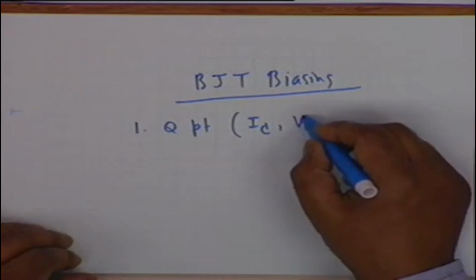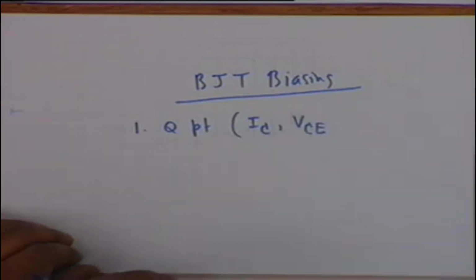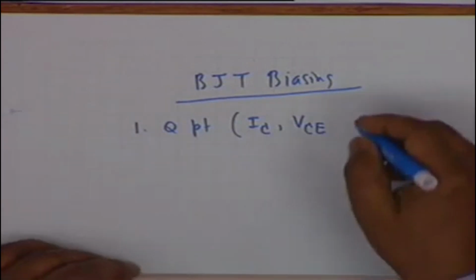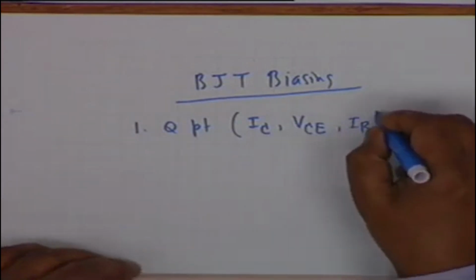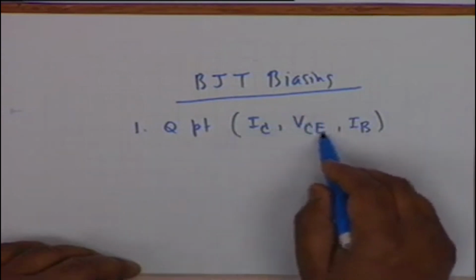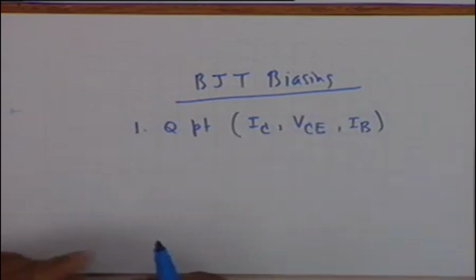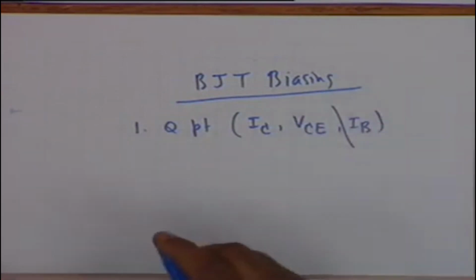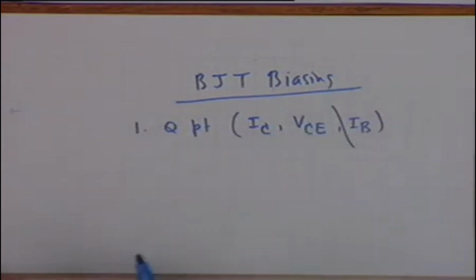It means choosing a V sub CE. Alright? And if you know the nominal beta, then obviously you know I sub B also. You know I sub B if you know beta. Alright? These two quantities are enough to specify a Q point. This is an additional information. That is, on the characteristics, which characteristic does the Q point lie on?